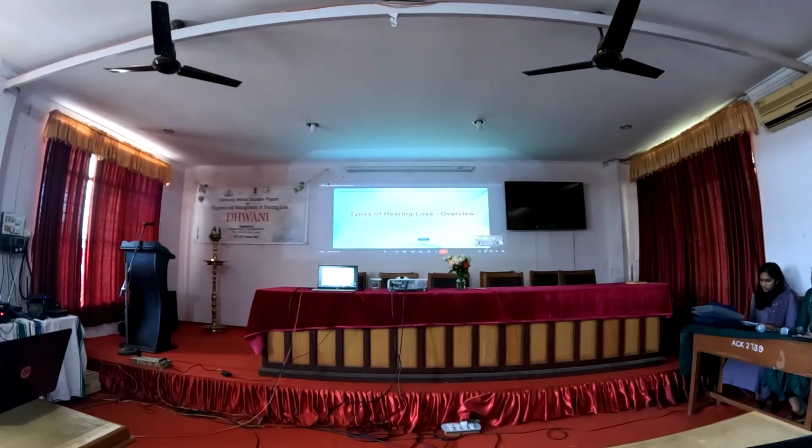Coming to the types of hearing loss, it is classified based on anatomy, age of onset, and severity. On the basis of anatomy, it is divided into three: conductive, sensory neural, and mixed. Conductive means it is due to errors in conduction of sound waves.